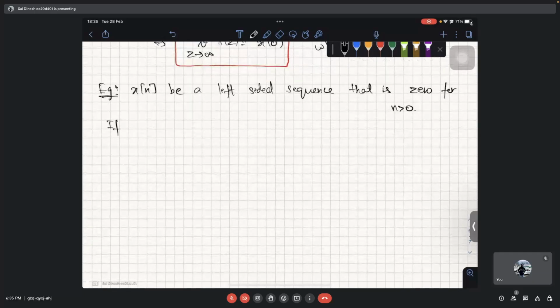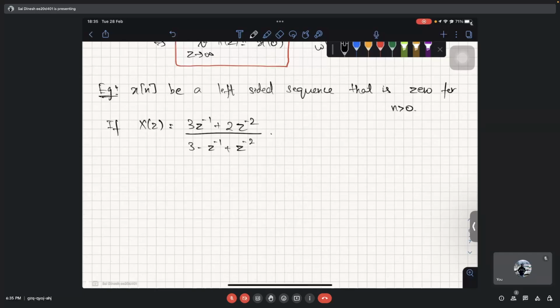And given in the question that X of z is equal to (3z inverse plus 2z power minus 2) by (3 minus z inverse plus z power minus 2), then find x of 0.